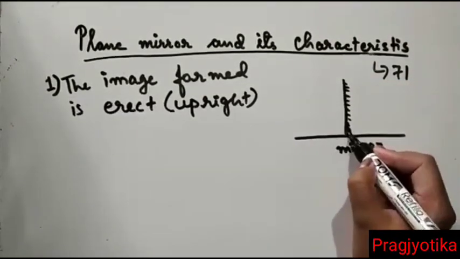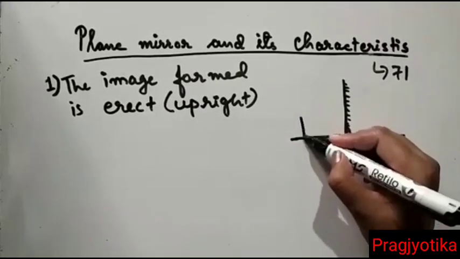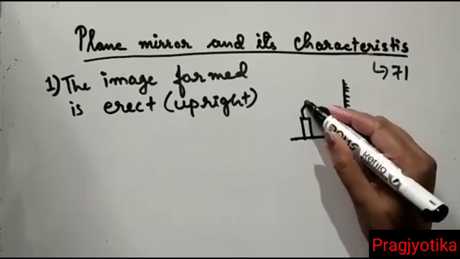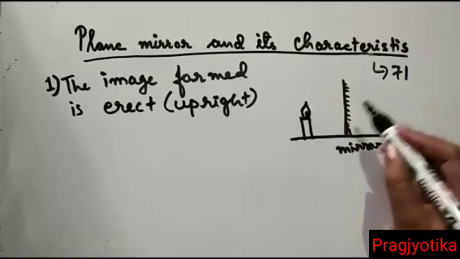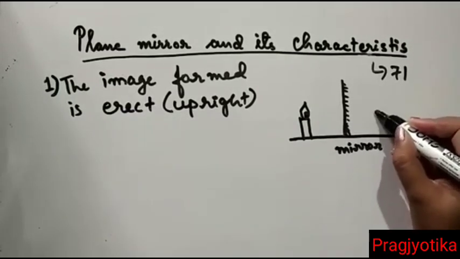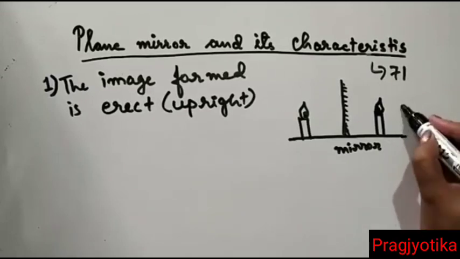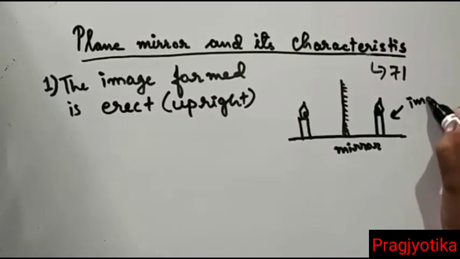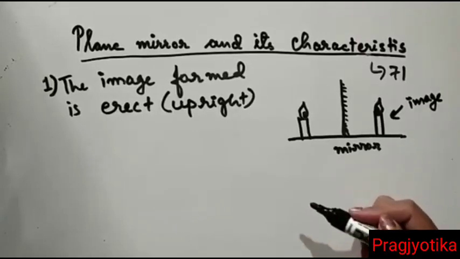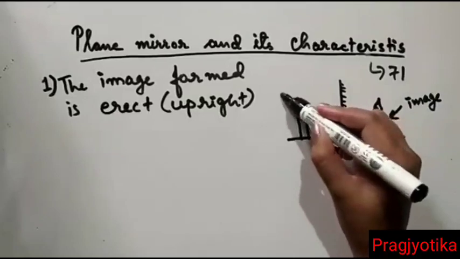Now if we place an object in front of this mirror, suppose we place a candle in front of this mirror, then an image will be formed behind the mirror. So this is the image of this candle. Now you can see here, the top of the candle is the flame, isn't it?